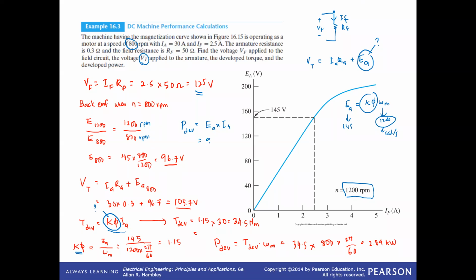My EA is 96.7 multiplied with IA, which is 30. By using a calculator, I obtain 2.9 kilowatt, which is similar to the power from the mechanical parameters.